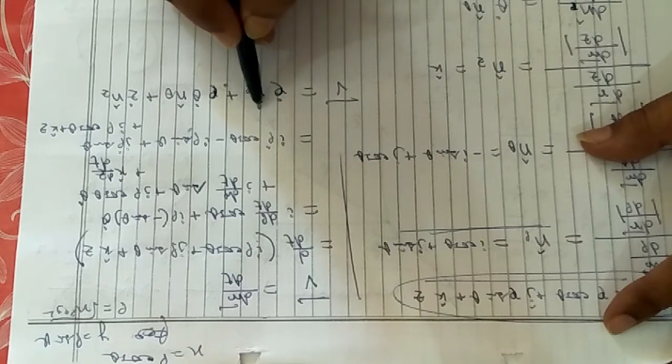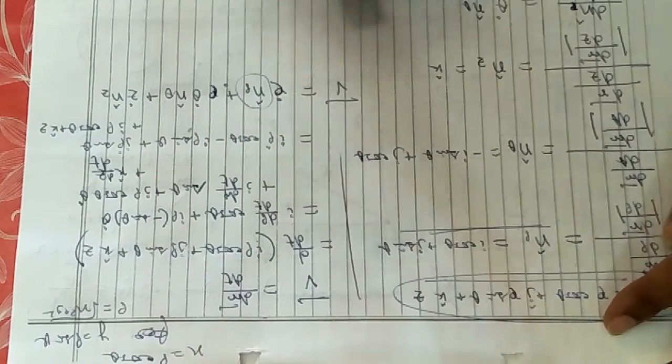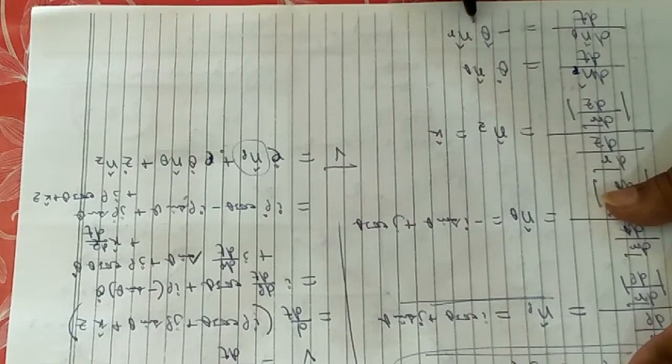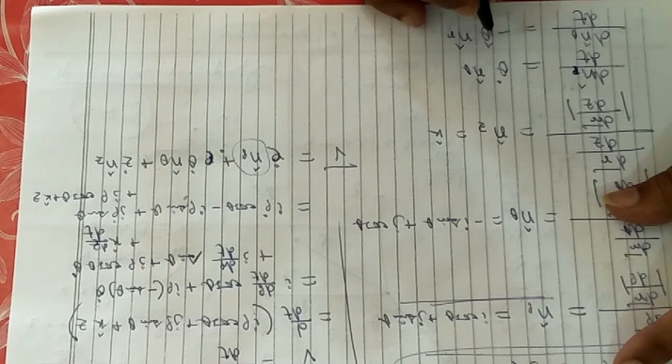That is why I previously calculated the value and told you that d n rho cap dt equals theta dot n theta cap, and d n theta cap dt equals minus theta dot n rho cap. That I previously told you to calculate.